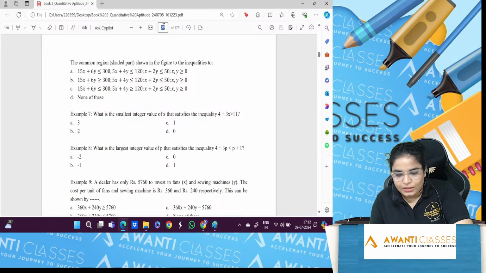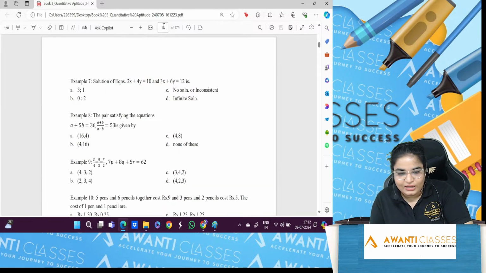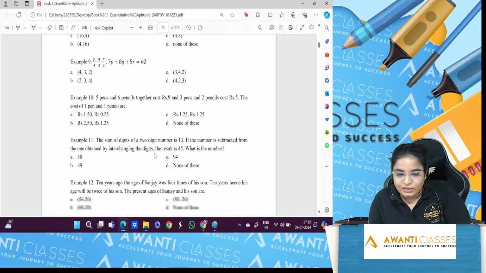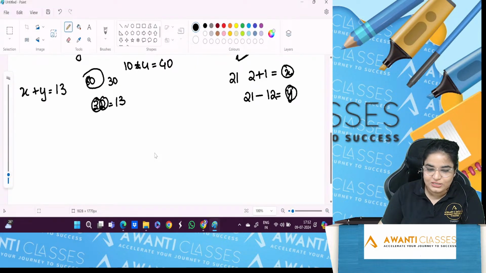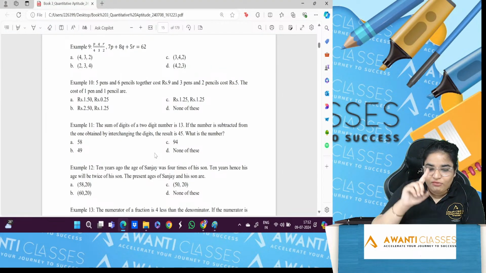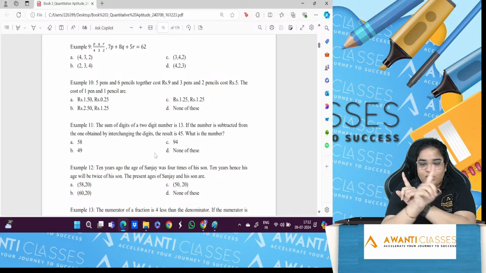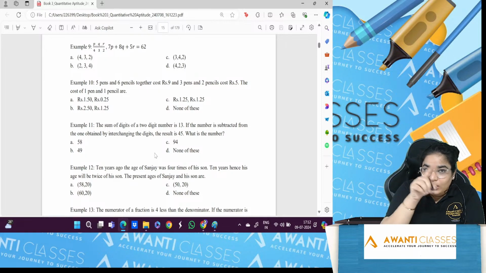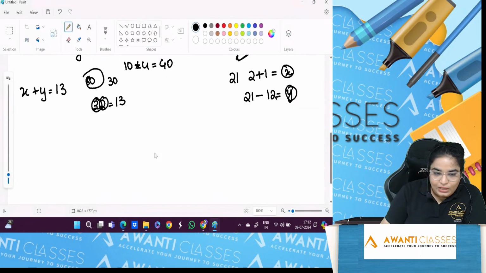They're asking if there is a number in which I take both the digits and add them, I am getting 13. So x plus y is equal to 13. Then if I interchange, the result is 45. Then what is the second equation here?